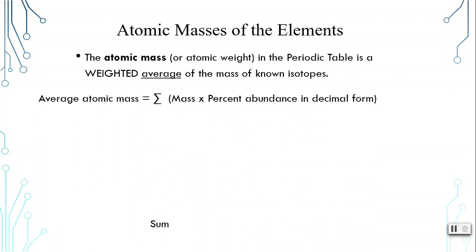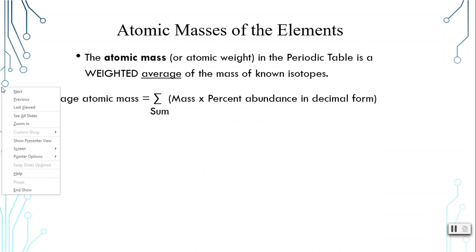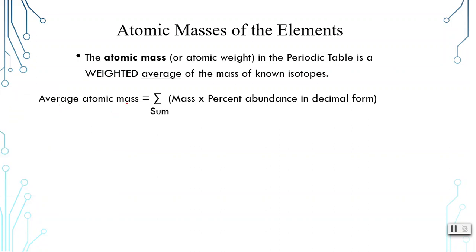And so what that means mathematically is that the average atomic mass, what's in your periodic table, is calculated by taking the sum, this little symbol here that just means sum, of each isotope mass in AMU multiplied by its corresponding percent abundance, but that percent abundance has to be in decimal form.